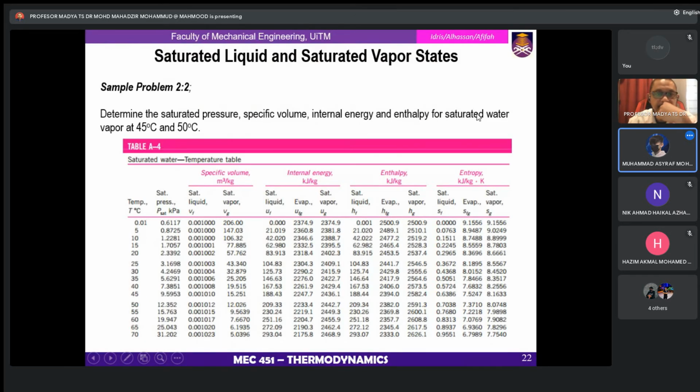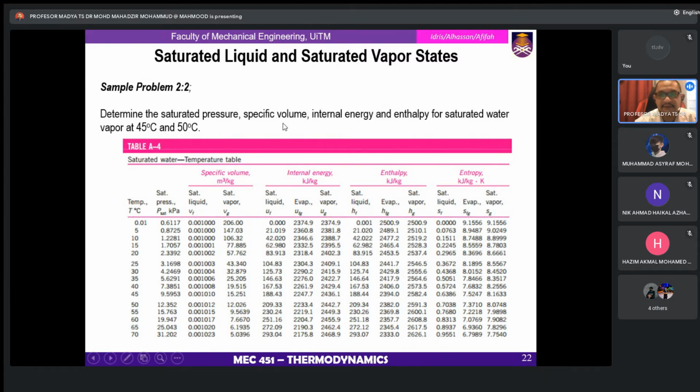Look at the temperature. It wants to find the pressure, so how do you find it? Look at the temperature in the properties table. Is it right? Yes. Under this column is the answer for the pressure.